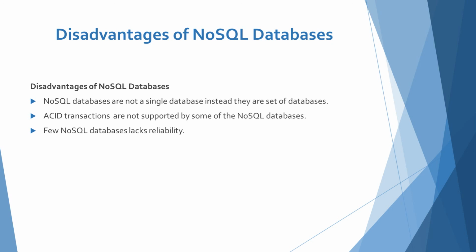Actually, all ODBMS databases support ACID transactions: atomicity, consistency, isolation and durability. But a few NoSQL databases do not support ACID transactions, though MongoDB supports transactions from MongoDB 4.0 onwards. So whoever wants to migrate from ODBMS to NoSQL databases can go to MongoDB. Why?